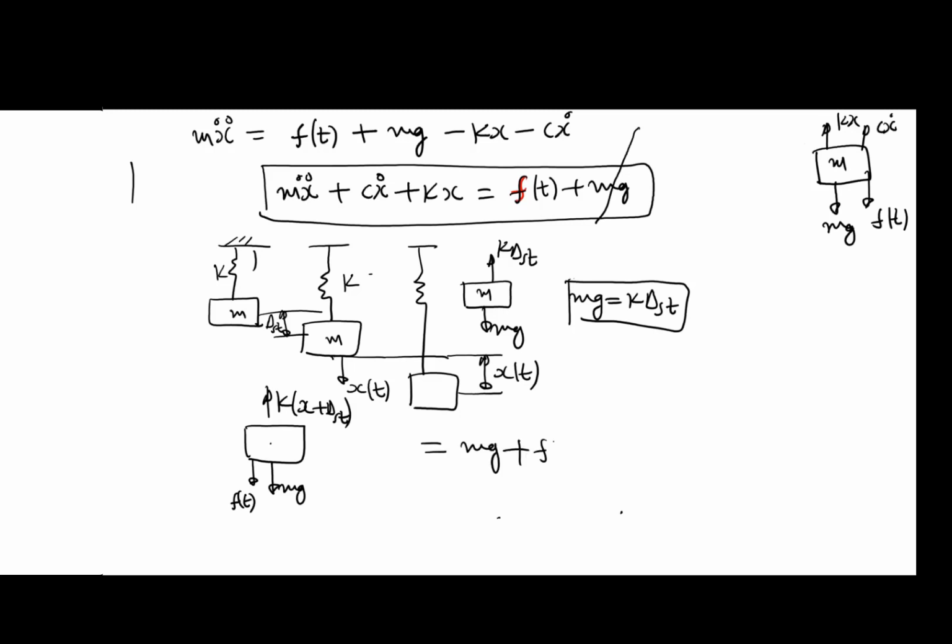So F of t plus mg minus kx minus k delta static. But from the static equilibrium, we can always cancel k delta static with mg. This will happen every time. So whenever there is a spring attached, the mg force will be compensated automatically. So we need not take into account the mg force. So the equation of motion will remain the same, m x double dot plus c x dot plus kx equal to F of t.